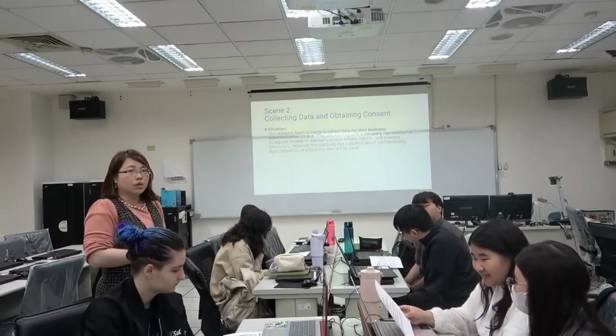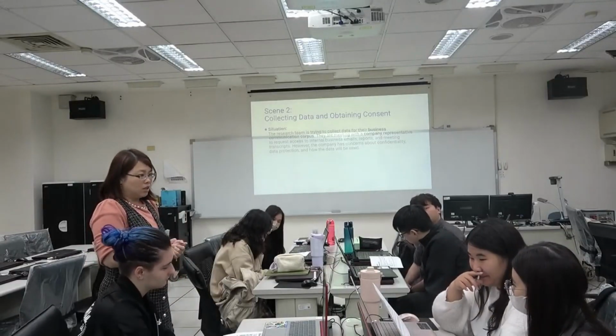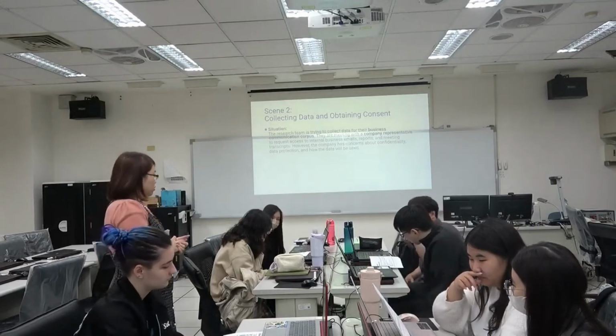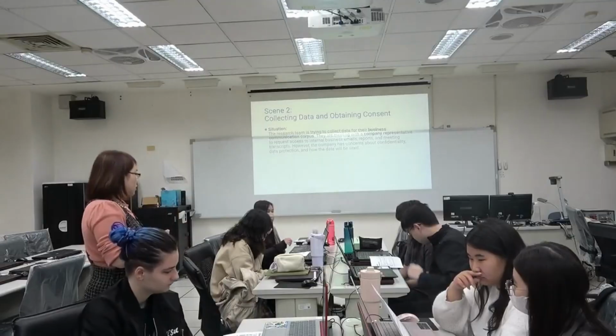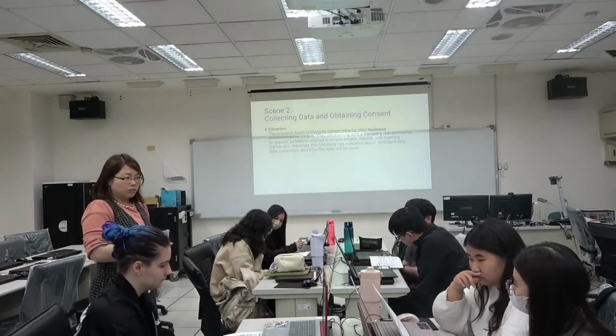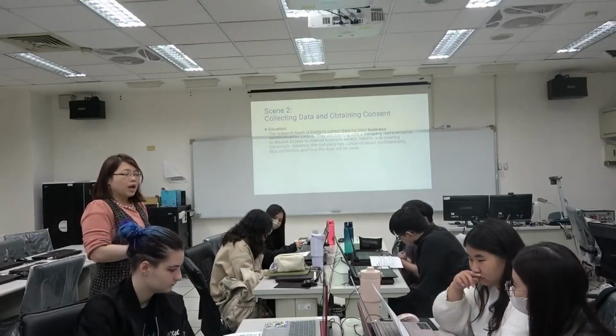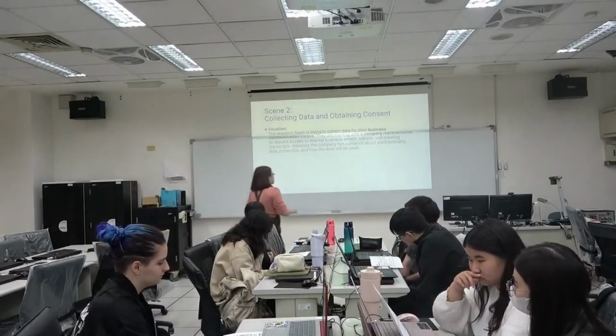Because the company wants to make sure their data will be used properly. And if it's not meaningful, why do we want to give them the data? The researchers, of course, try to get as much as possible, right? So we have different roles in this meeting.